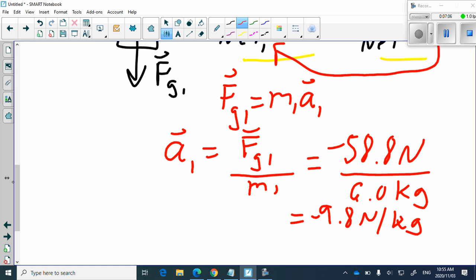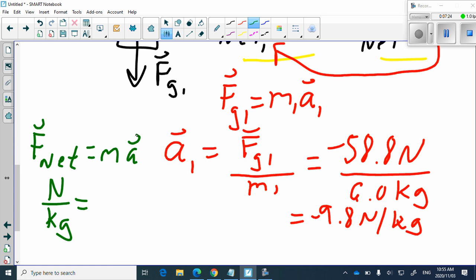But what you have to realize is if you take a look at newtons per kilogram, a newton, if you take a look at Newton's second law, F net equals ma. Take a look at this. A newton is equal to a kilogram times a meter per second squared. You get the kilogram from the mass, meters per second squared from the acceleration.